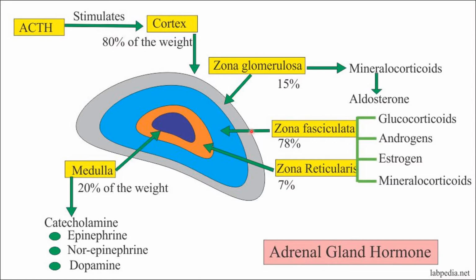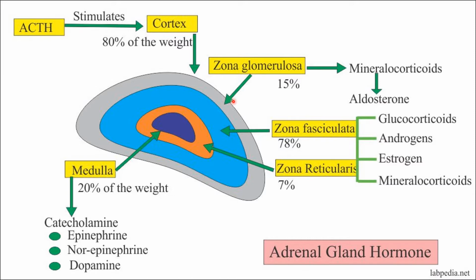We will discuss the zona glomerulosa, the outermost layer of the adrenal cortex, because we are very much concerned about this structure. Zona glomerulosa produces mineralocorticoids, and the most important mineralocorticoid is aldosterone.